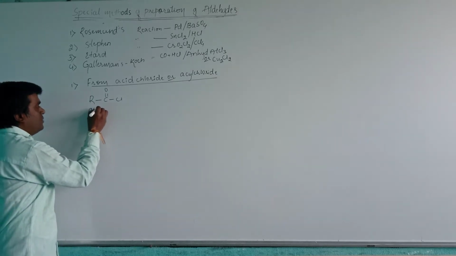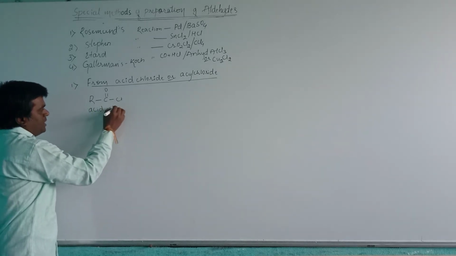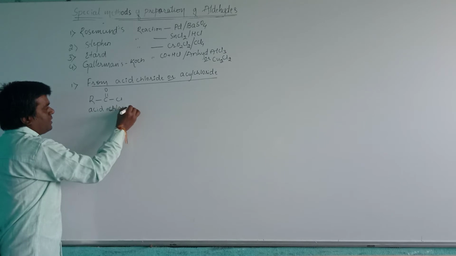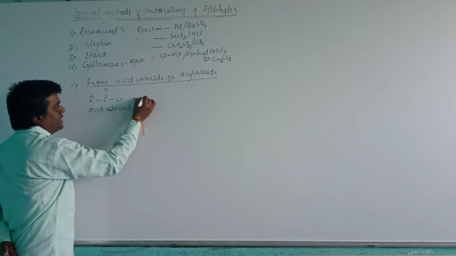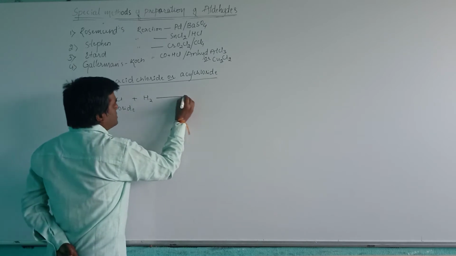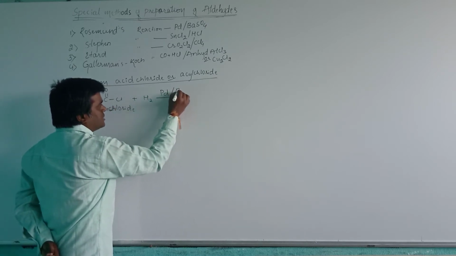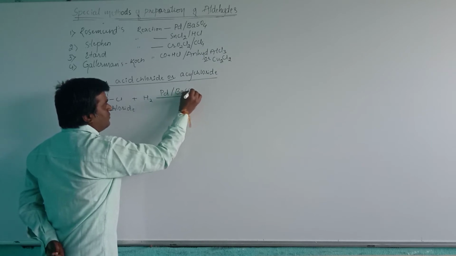You can call it acid chloride or acyl chloride. This compound undergoes reduction, that is, addition of hydrogen takes place in the presence of palladium as the catalyst, which is suspended over barium sulfate.